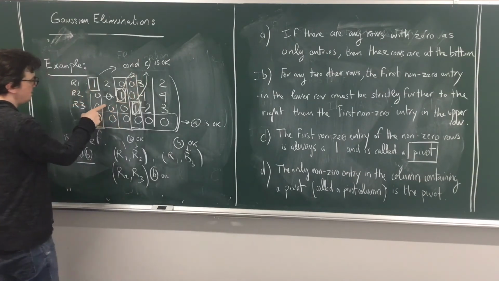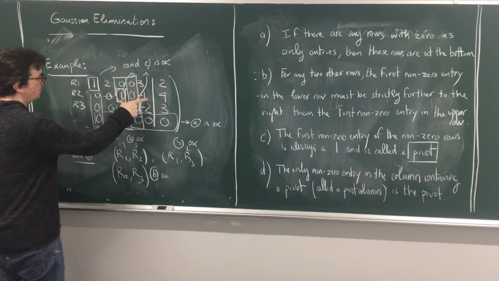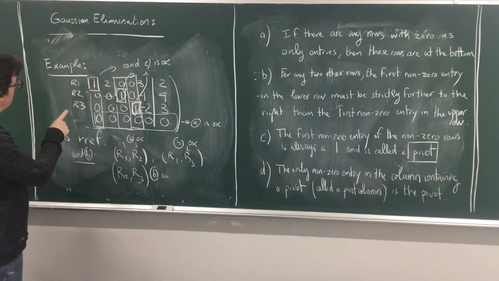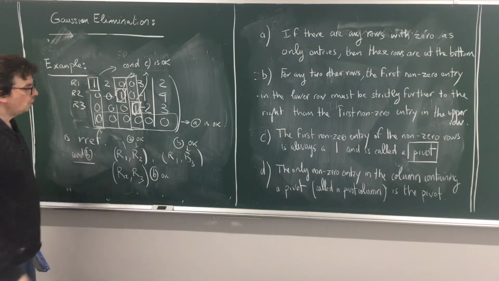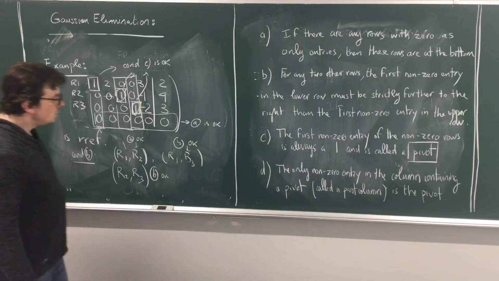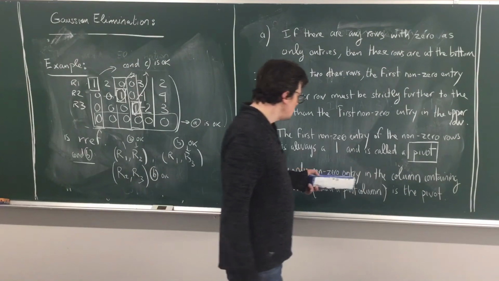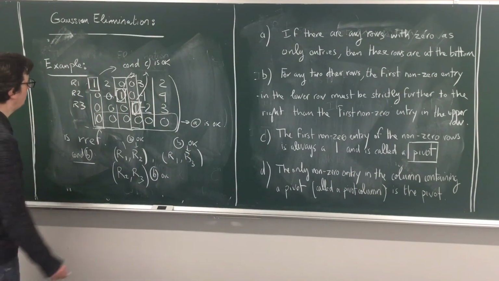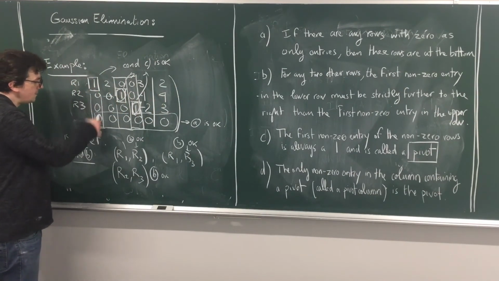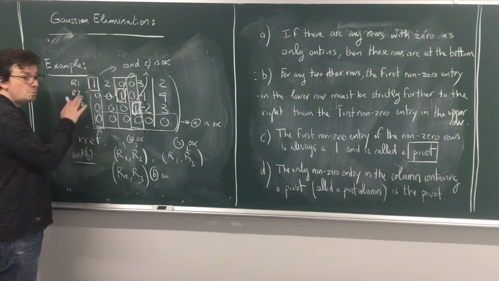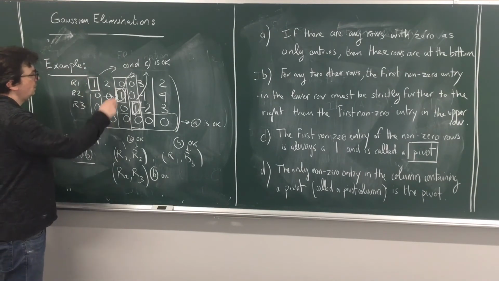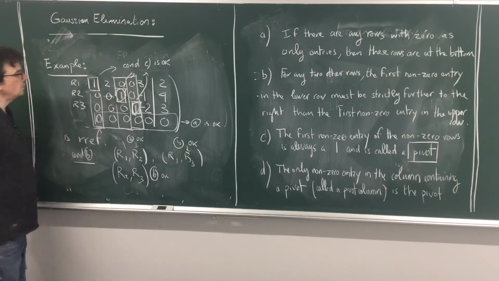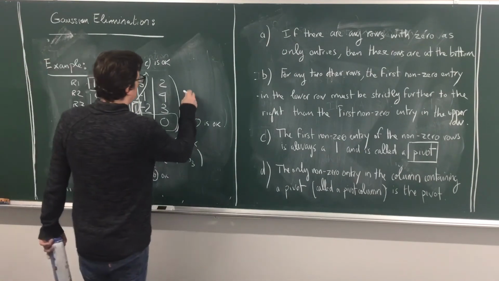As you can see, some other columns are not pivot. Only the columns containing a pivot are called pivot columns. Now, condition D is that the only non-zero entry in the column containing a pivot is the pivot, which means that all other entries except the pivot should be 0. This is true, this is true, and this is true, okay? So condition D is also okay.